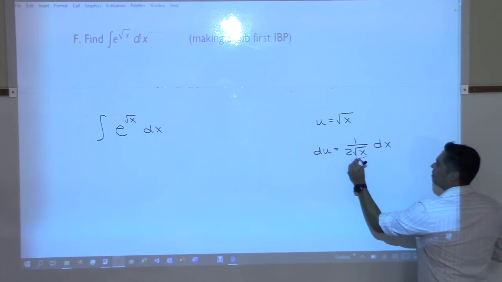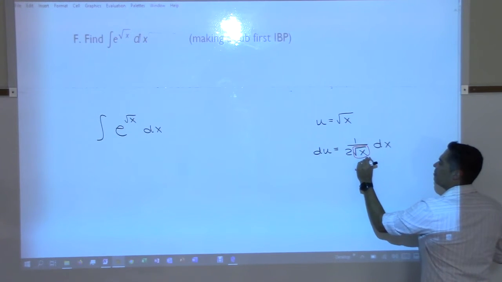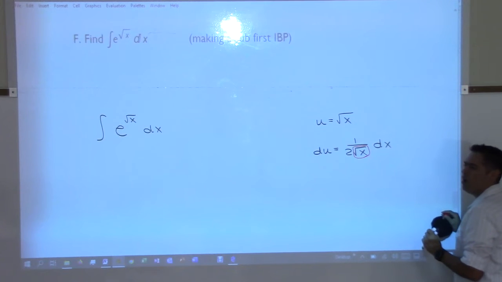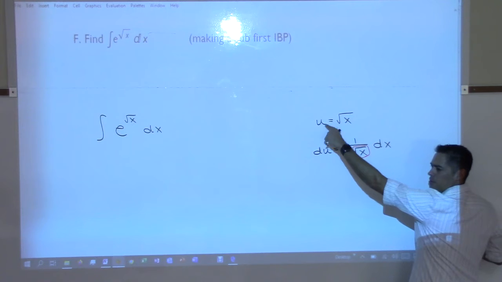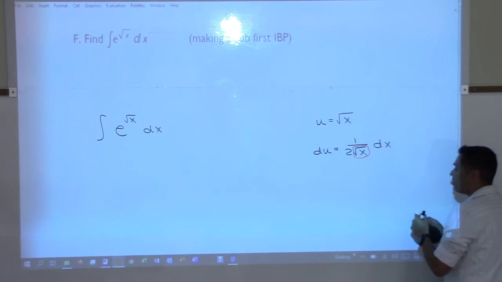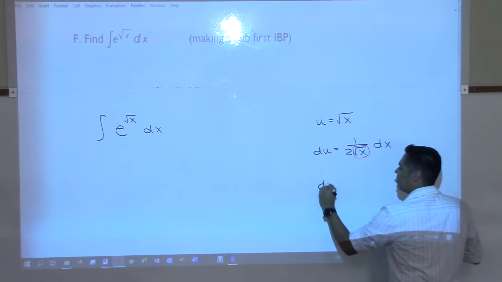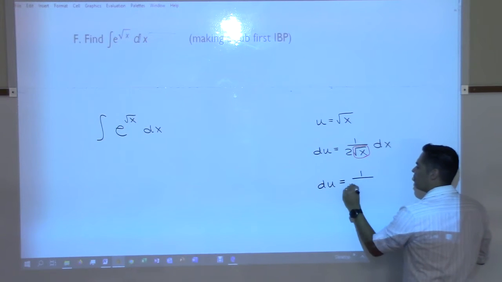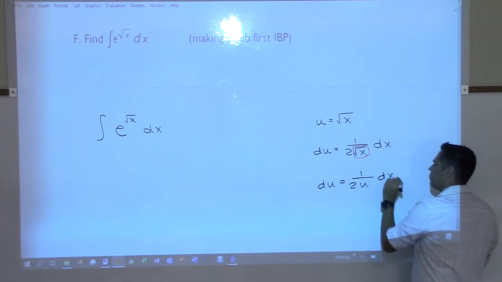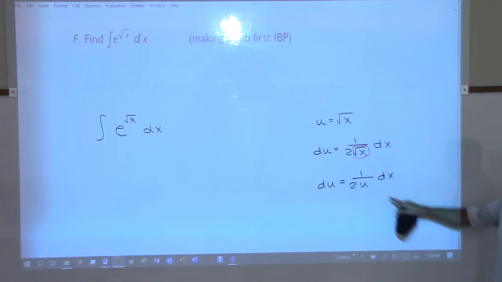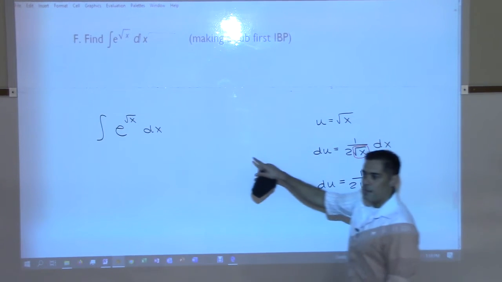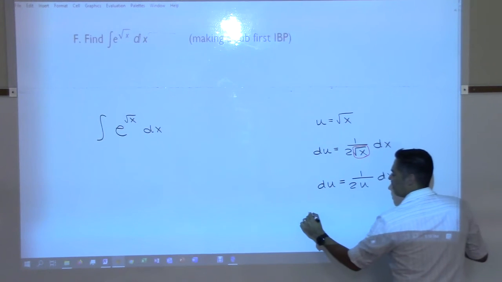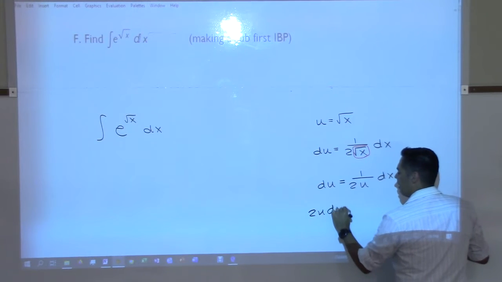this right here, that really is what? That's really u, isn't it? That's what we called u, yes? Okay, so I could rewrite this as du equals 1 over 2u dx. And it still doesn't look like I have this, but let's just do some algebra here. Let's move the 2u to the other side.